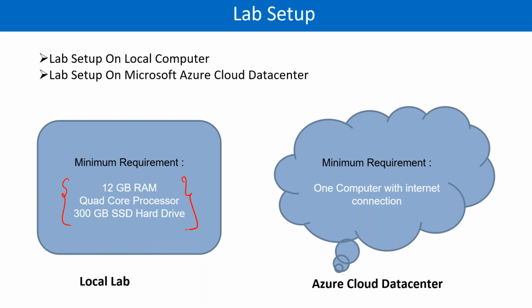If you have more than this, that is well and good, but minimum 12 gigabytes of RAM, a quad core processor, and 300 GB of SSD hard disk. If you have a spinning hard disk, that is also okay, but at least this is the minimum requirement on your laptop or desktop if you would like to set up the SCCM lab on your local computer.